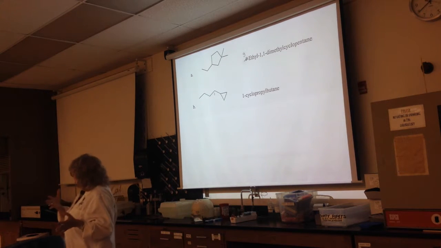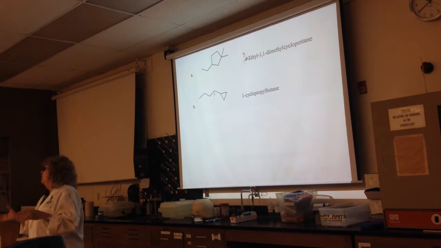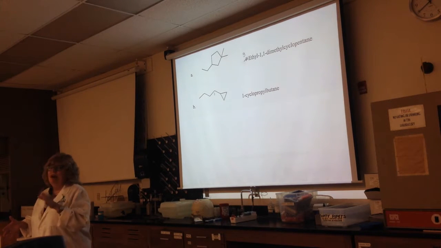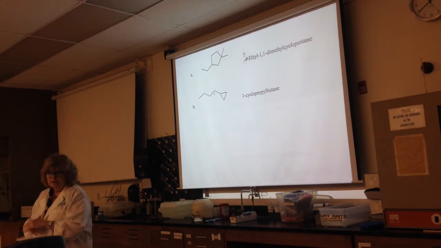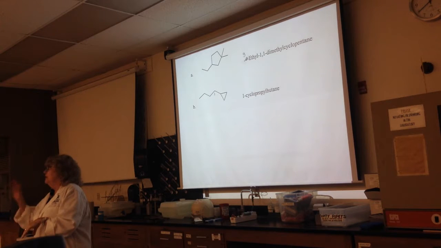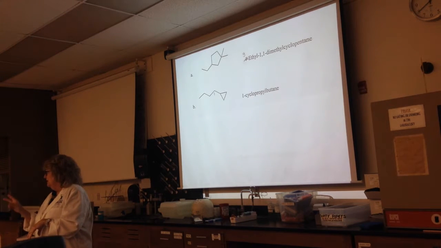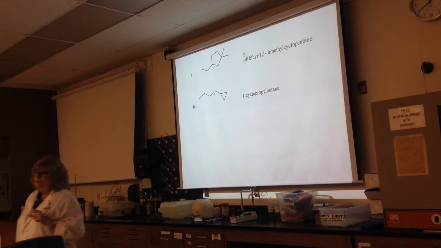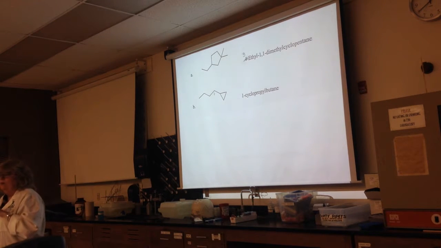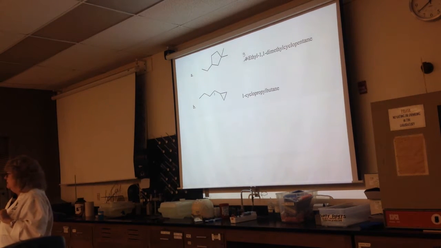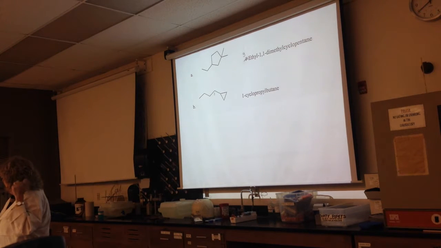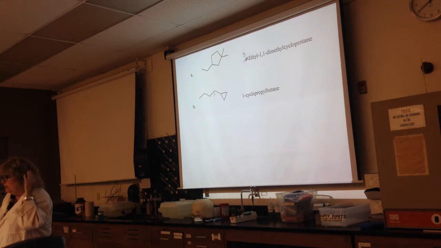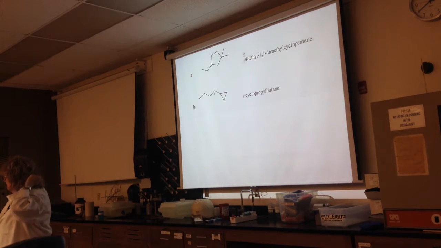So it'd be 1-cyclopropyl butane, and that 1 is important because the cyclopropyl could have been on carbon 2 of the butane. So that 1 is very needed. You've got to put it there, otherwise it's wrong. So we're calling it the 1-cyclopropyl butane for that one.